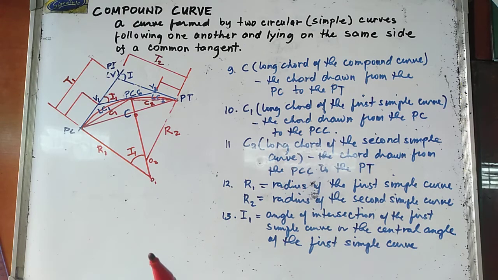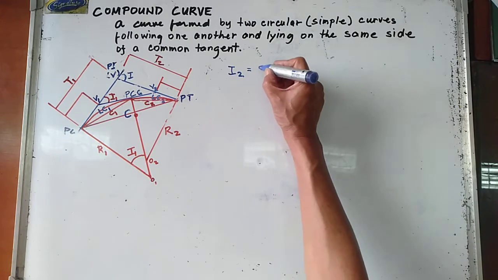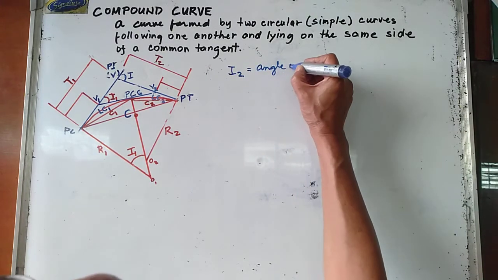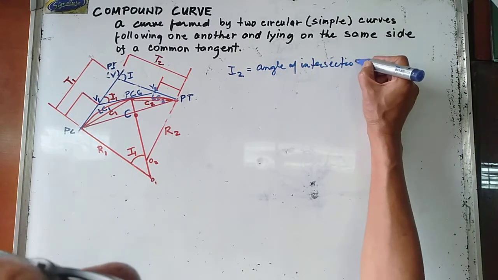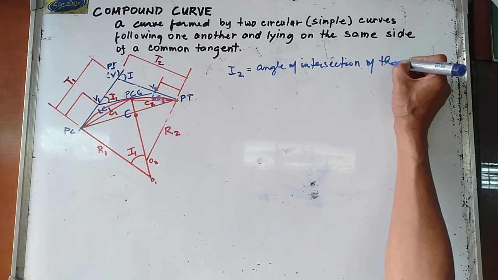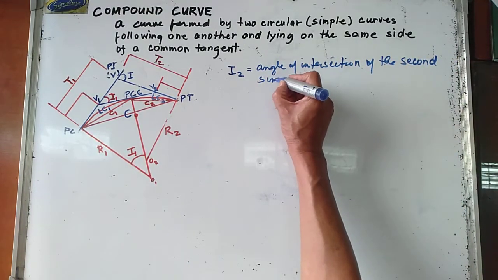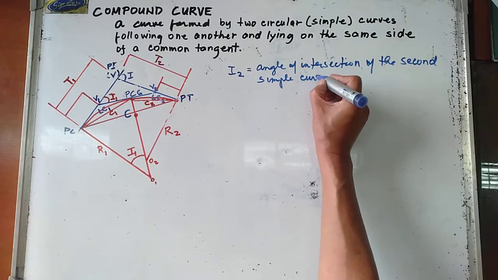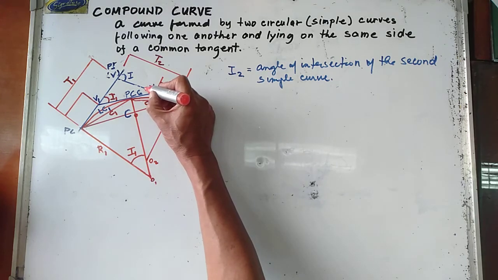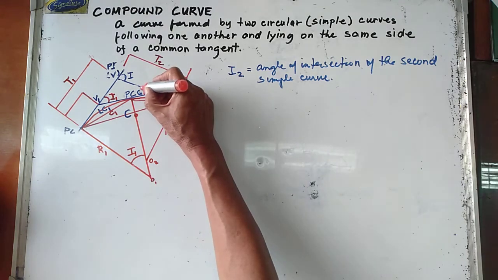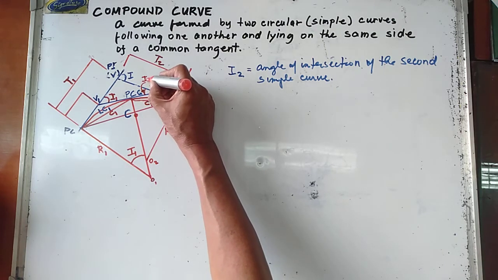Another one is now your I2, and this is the angle of intersection of the second simple curve. So that is the angle of intersection of the second simple curve, and that is your I2.